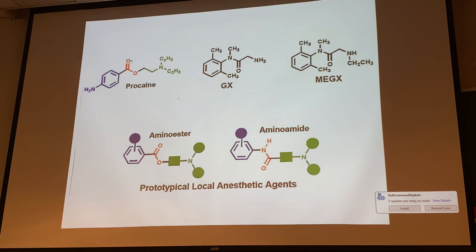There's a lot of other variations here. These are 100 years old. These have been known for a long time. Right after the structure of cocaine was determined, synthetic chemists started designing other molecules that had similar activity. Hundreds of these type of materials have been tested. There's only a few that are available in the clinic, but they all relate to these carboxylic acid derivatives.